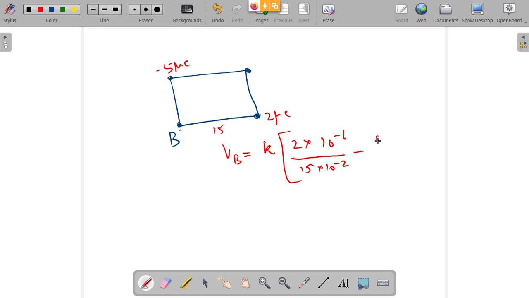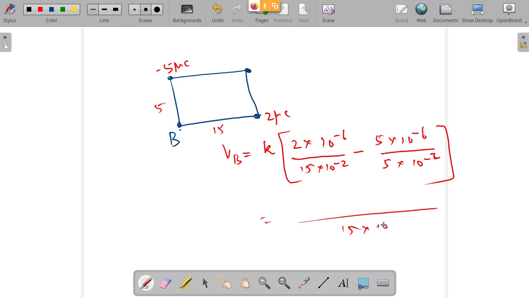So minus 5 into 10 power minus 6 divided by that distance, which is 5 centimeter, so 5 into 10 power minus 2. Now you do LCM. 15 into 10 power minus 2. So it is going to be 2 minus 15, this is 3 times. So you'll get 15 into 10 power minus 6. These numerator and denominator, if you strike off, you'll get 10 power minus 4.